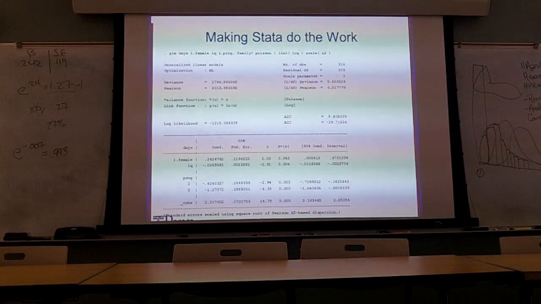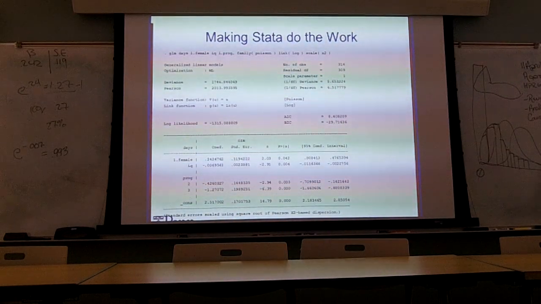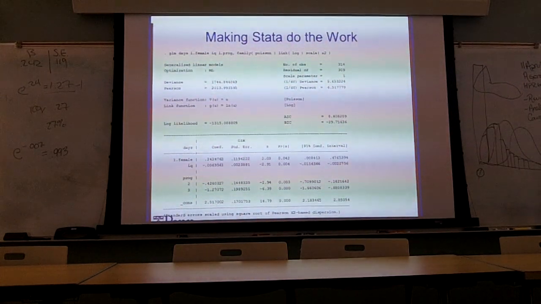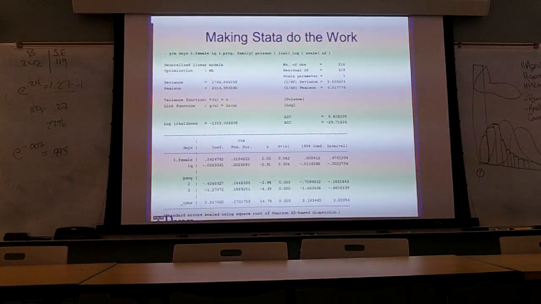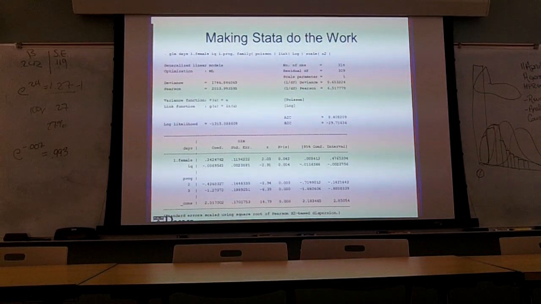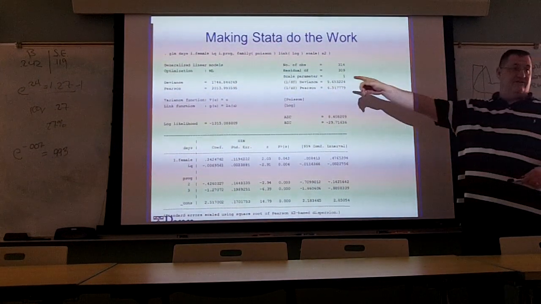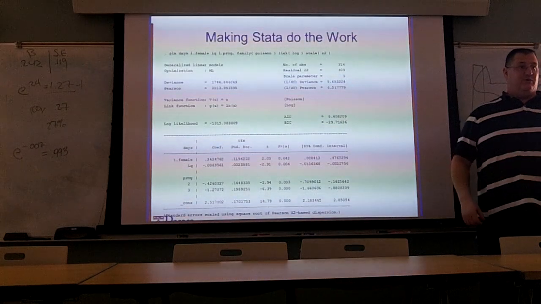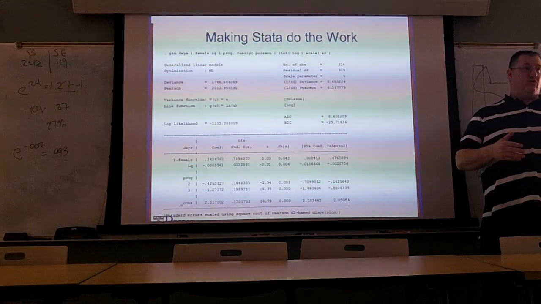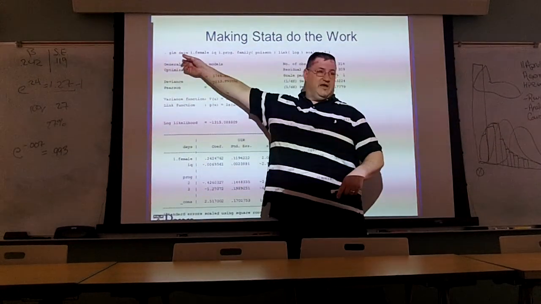The link would be log for Poisson. If you're just doing a linear regression, there would be no link. You would have an identity family, the word identity, which tells Stata that you're assuming a normal distribution. And there'd be no link function because you're not doing anything to the outcome.